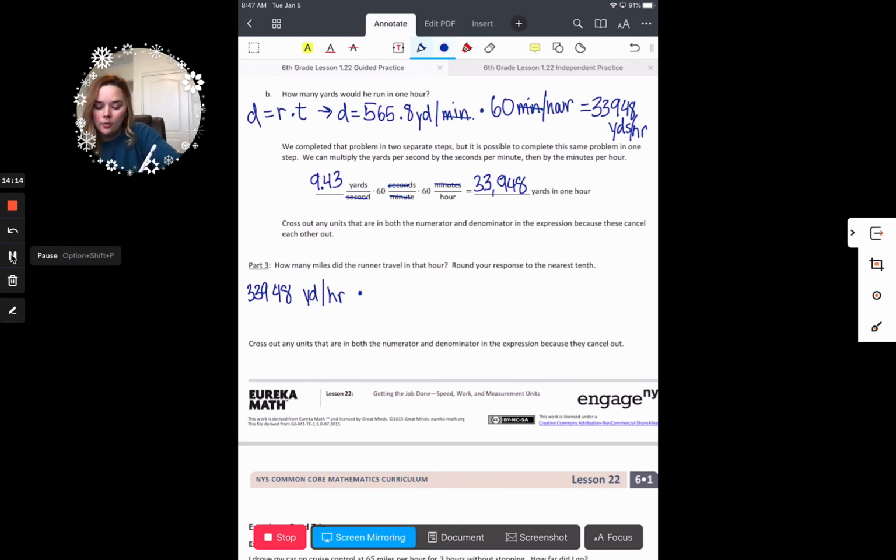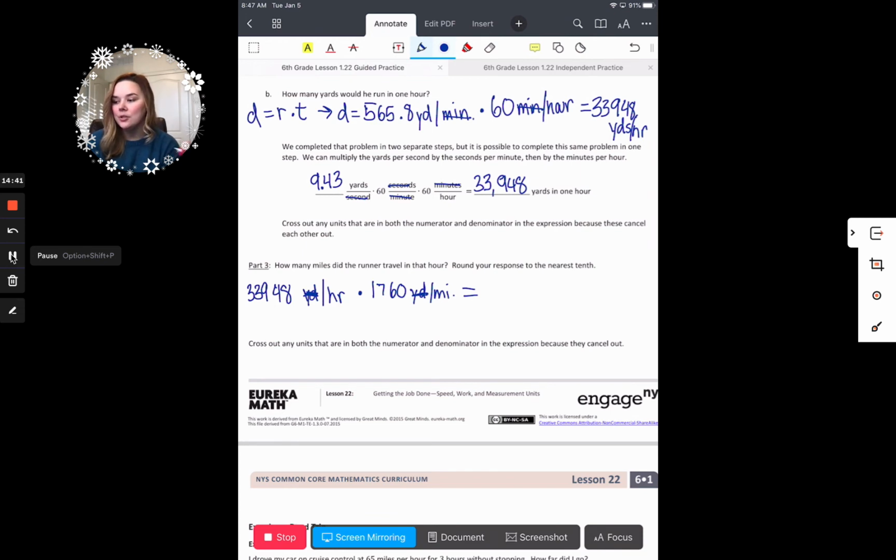So in 1 mile, there are 1,760 yards. So our yards cancel each other out, and we're left with miles per hour.